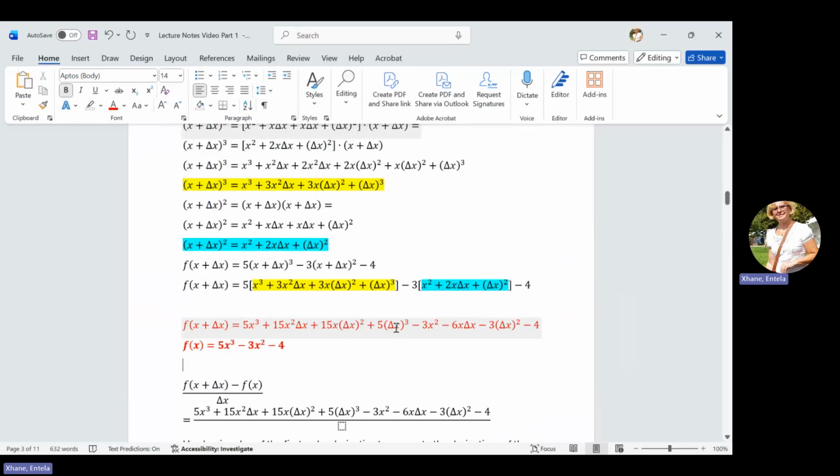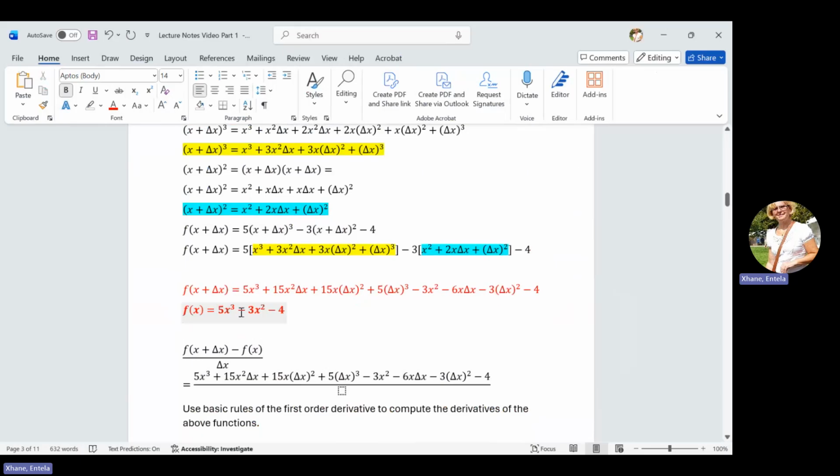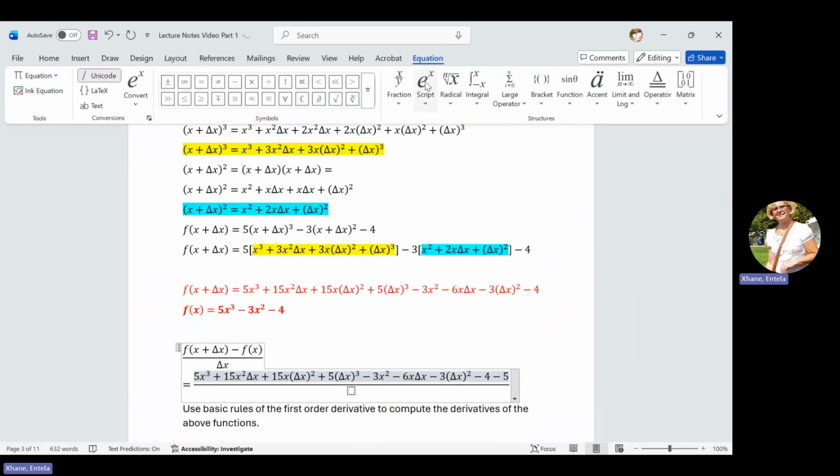So the top one is f of x plus delta x. Then there will be a minus f of x. So in front of this expression of f of x, there's a minus. If I put minus in front of it, every sign of this expression is going to flip. So 5x to the third is going to become minus 5x to the third.